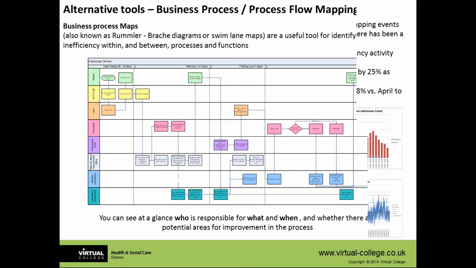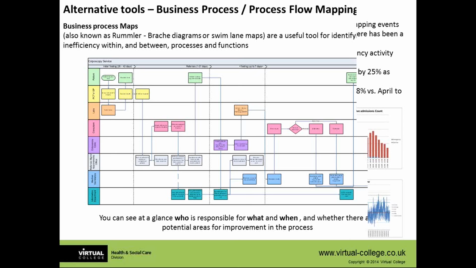Okay, so alternative tools, business process maps and process flow mapping was a recognized tool, and sometimes when you look for the 7 quality tools, they'll replace 1 or 2 of the other tools with process flow mapping. But business process maps are a very visual tool, again, to understand the process, and it's great to see who. If you look down the left-hand side, those are the players, the people that are involved in the process and the different colours.